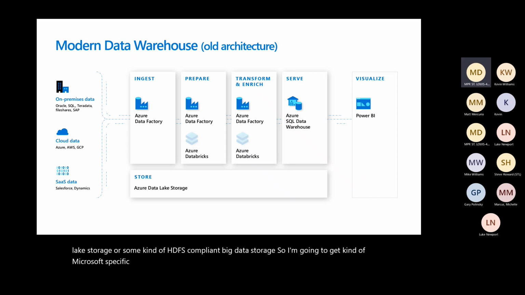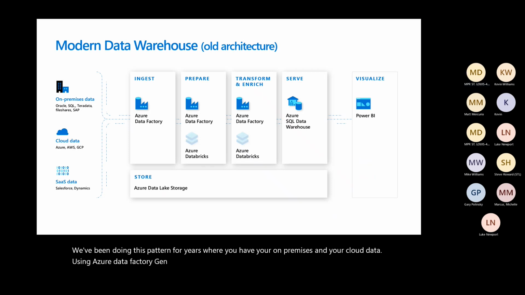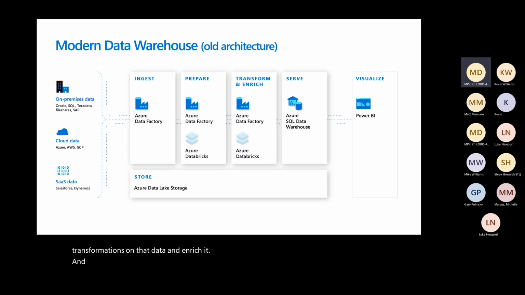We've been doing this pattern for years, where you have your on-premises and your cloud data using Azure Data Factory Gen 1 and then Gen 2 to land that data as is inside of a lake, using Azure Databricks and Azure Data Factory again to do either low code or code first transformations on that data, enrich it, and then land that in some kind of storage area, like an Azure SQL Data Warehouse or Azure SQL Server, depending on the size, and serving it in Power BI.